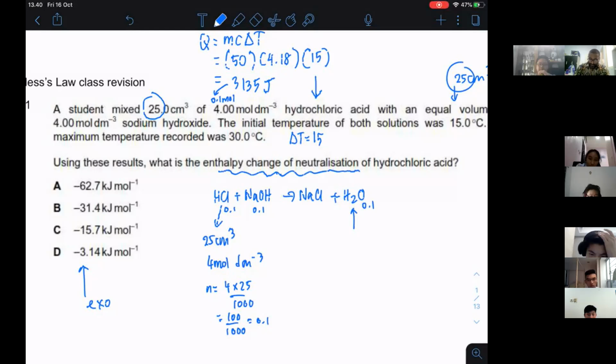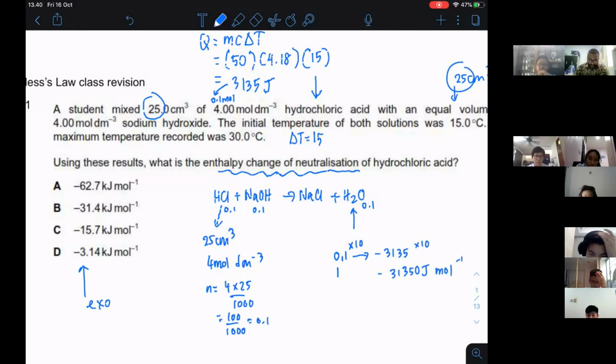If you have 0.1 mole, that gives us negative 3135. I want it for 1 mole, so you need to times by 10. You will get negative 31350 joule per mole.